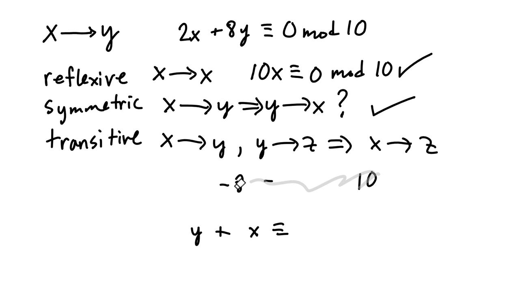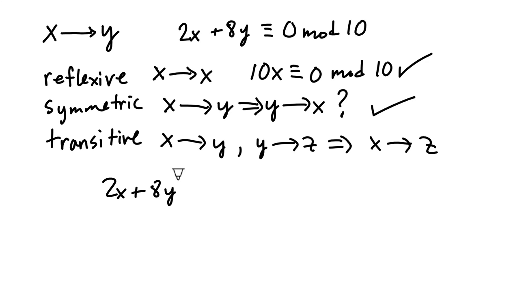So we're going to be assuming that, let's just write out what we're assuming. We're assuming this, 2x plus 8y is congruent to 0 mod 10, and 2y plus 8z is congruent to 0 mod 10.